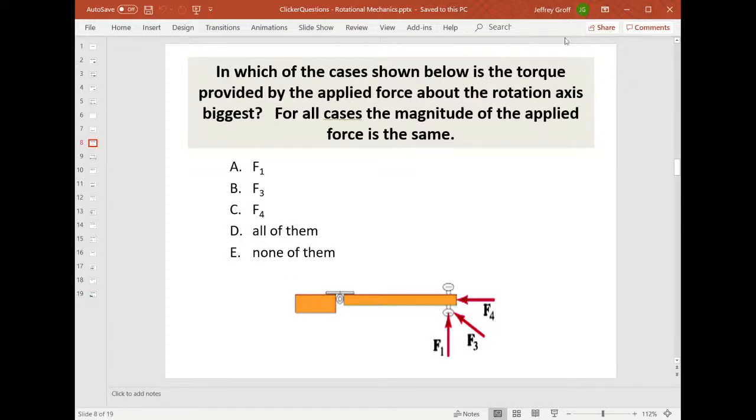So here's the situation. Let me clear the poll. All right, it's clear. You can vote when you're ready.